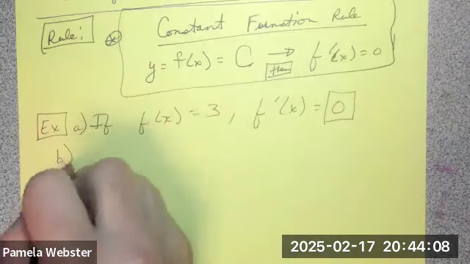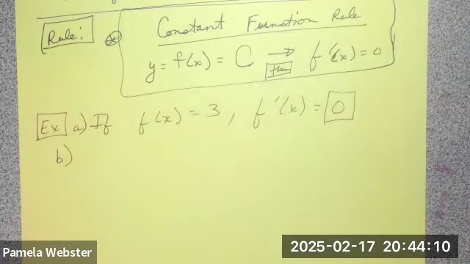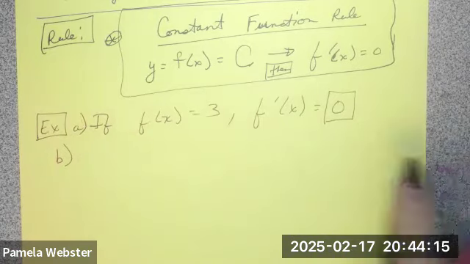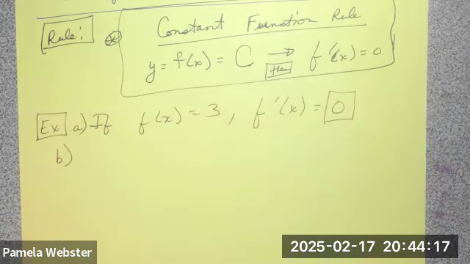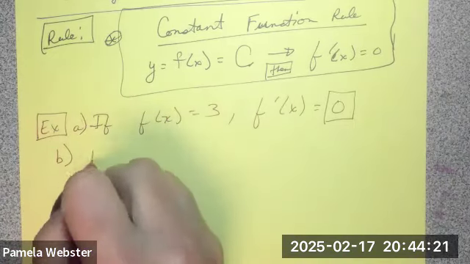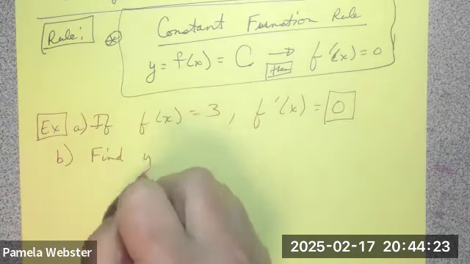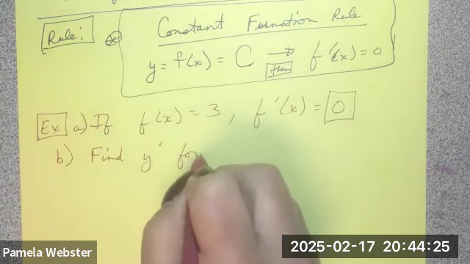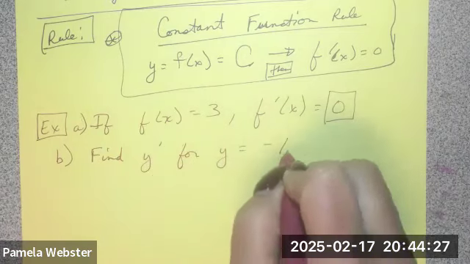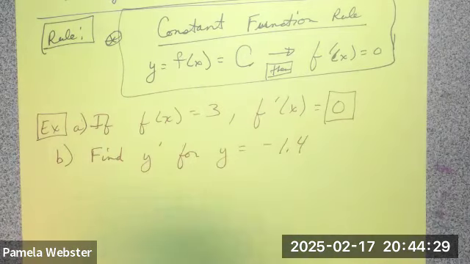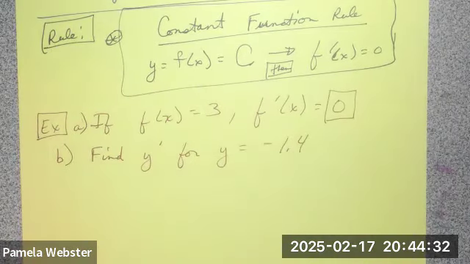So from here on out, we're going to talk a lot about derivatives, and I will say, "Okay, what about this 3?" And you'll say, "That's a 0. Ignore it." And that's what we should do. Find y prime for y equals negative 1.4. That's part B. Find y prime for y equals negative 1.4.